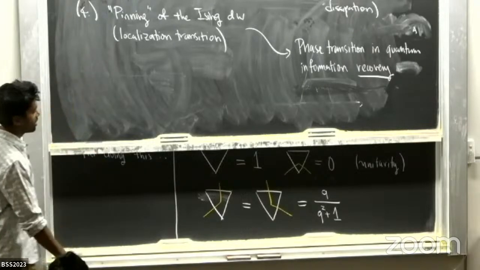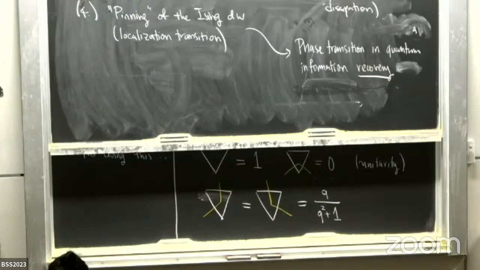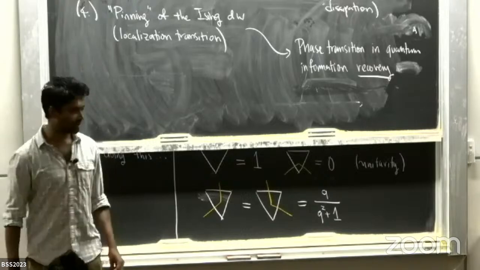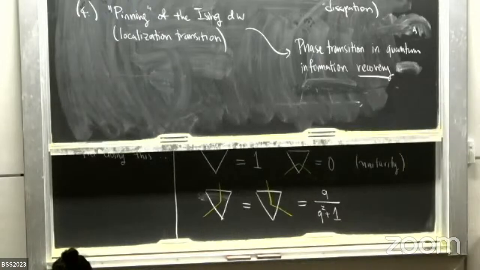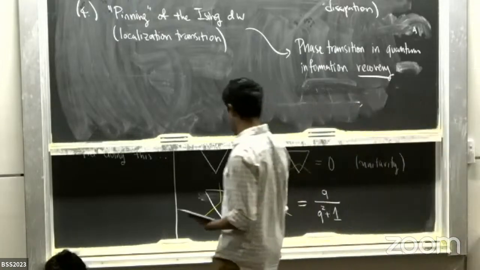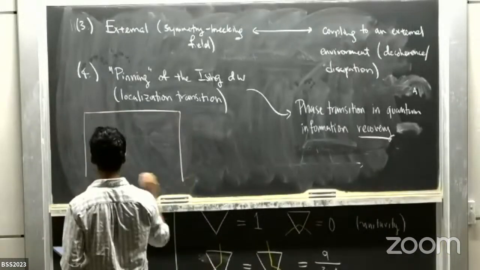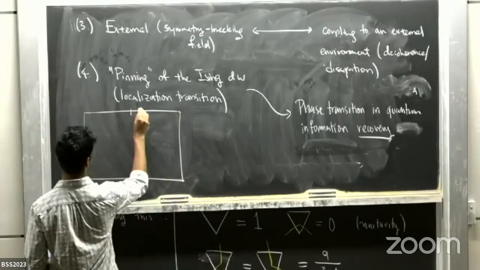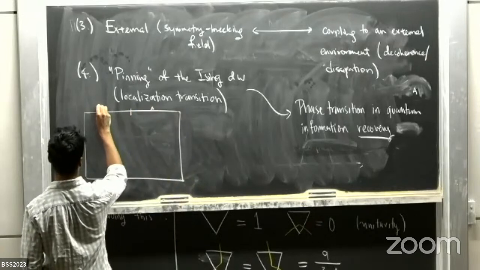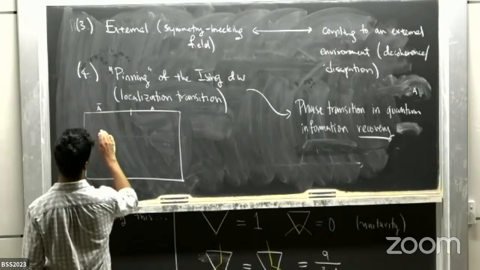Actually, these two things are intimately related. Where did I leave my iPad? There it is. Maybe I can discuss this a little bit more during the coffee break, but I can just say the following: in this random circuit, we had this A subsystem and A bar, right?